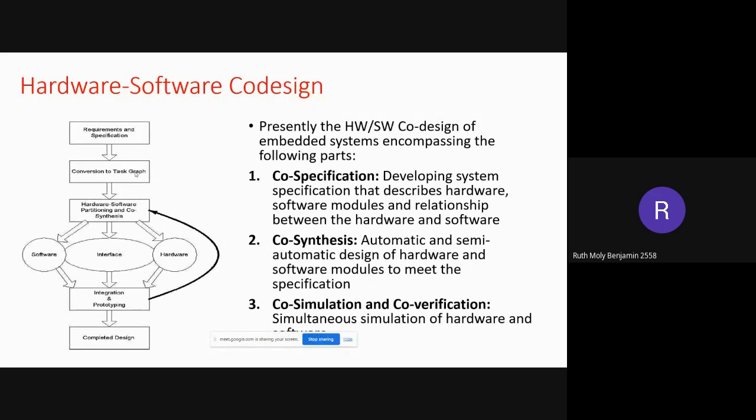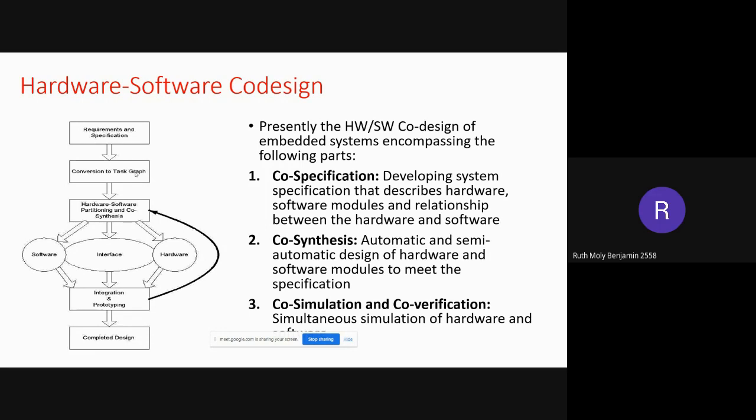The second part is called co-synthesis. Co-synthesis means the automatic and semi-automatic design of the hardware and software modules. First, you specify what is required in the hardware and the software, and then you start the designing process.